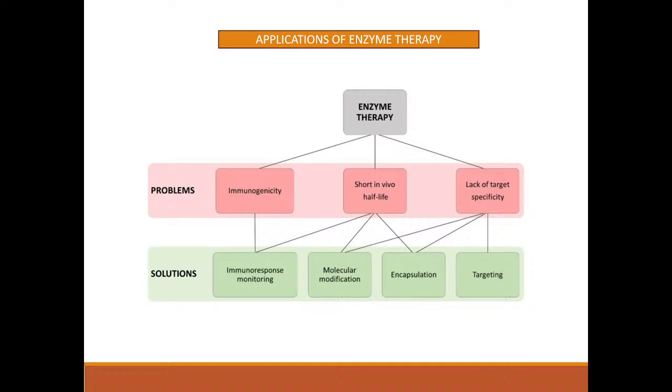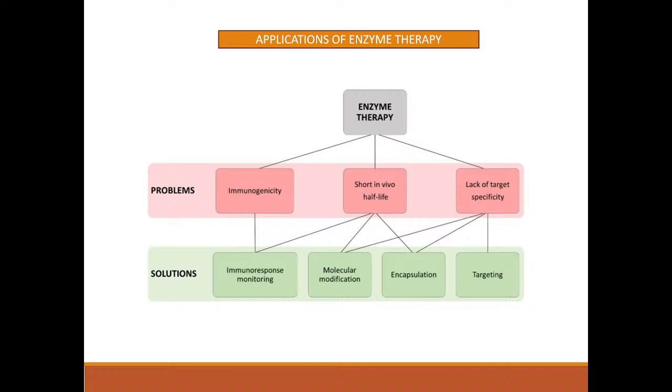So, what are the solutions? You should know this. This is not given in any of the books. I have made the slide from recent advanced research, on the advantages of this therapy and its drawbacks. Immunoresponsive monitoring: how the person being given the enzyme shows an immune response. Are there any reactions occurring, any hypersensitivity reactions, any cross reactions?